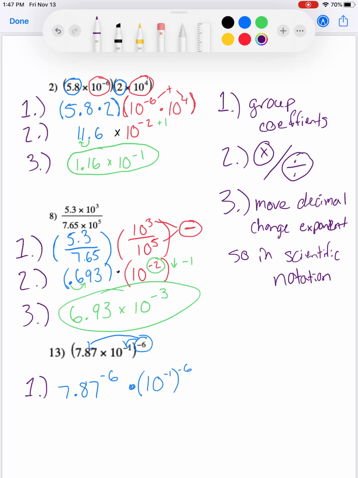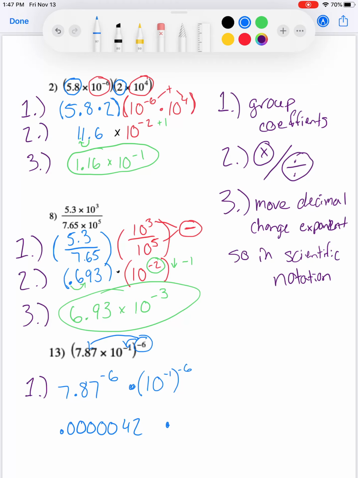And once again, I'm going to round this because it's just bizarre to not do that. So I'm left with 0.0000042.